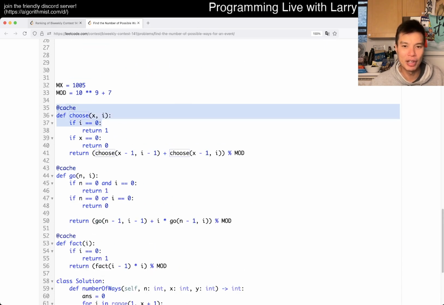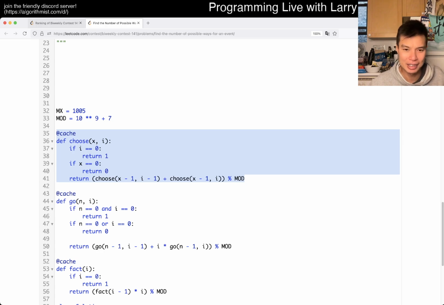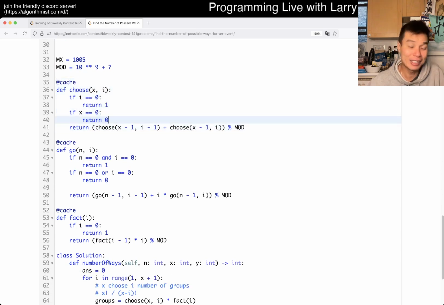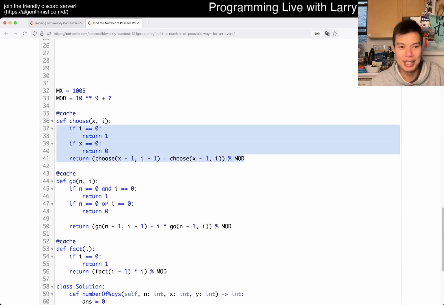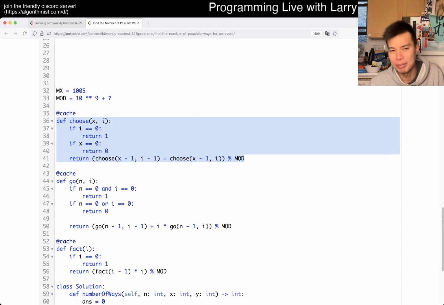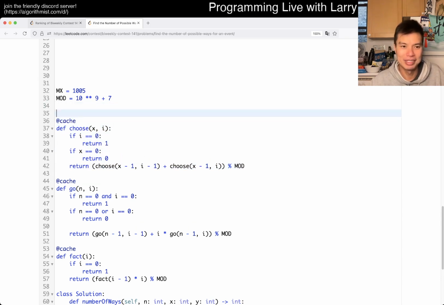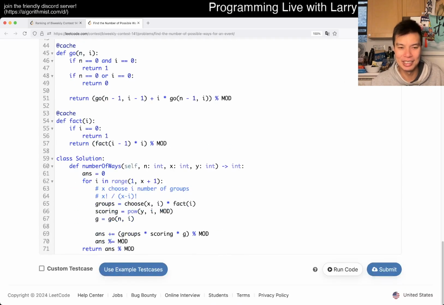This is binomial. It took me a while. I don't know why, I was just struggling today. But I didn't even need it, I guess, because I needed the for loop. This binomial distribution is x minus 1. I'm not going to go over it in this problem because it's actually not that necessary, because you can just do this thing, which is x times x minus 1 times ... x minus I plus 1 or something like this.